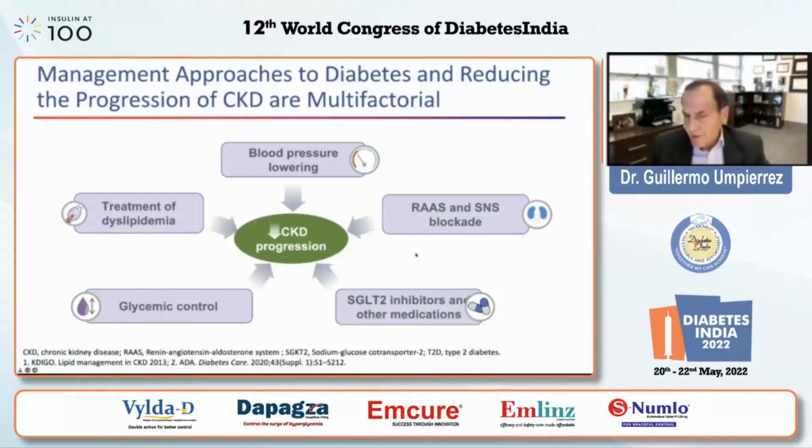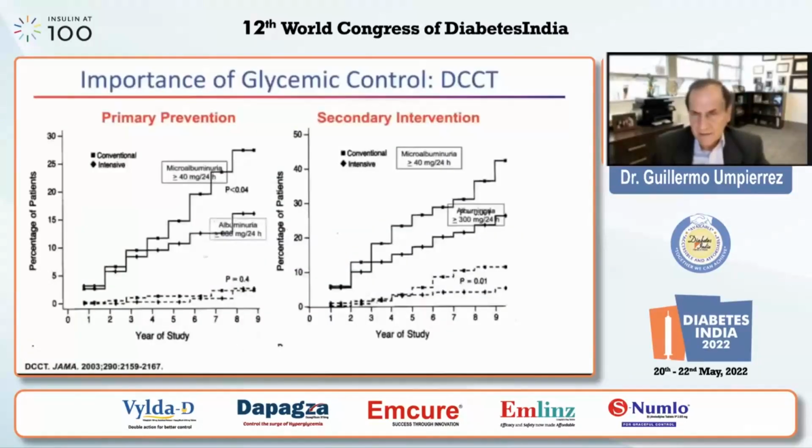You have the SGLT2s and the GLP-1s that we're going to discuss. And of course, if these patients are going to die of cardiovascular disease, we need to treat dyslipidemia, trying to decrease the LDL to the levels according to the risk factors. So let's talk about medications.